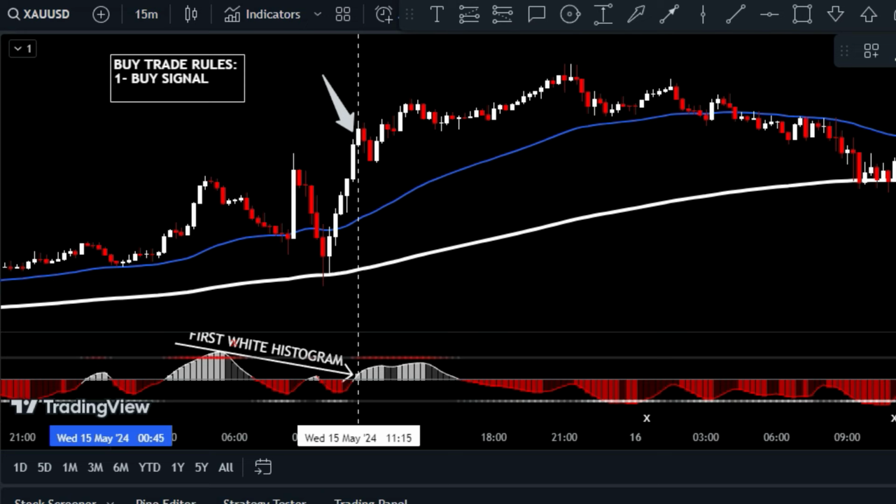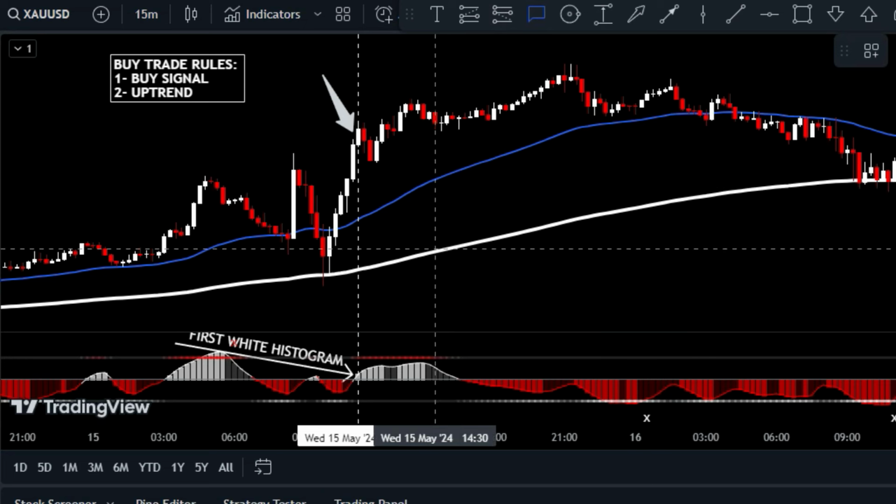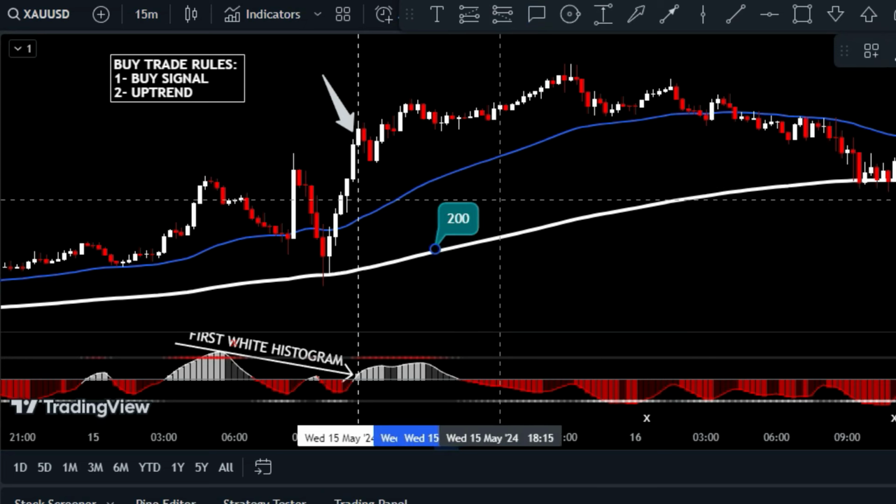Next, double check that you're in an uptrend by spotting the EMA 50 above the EMA 200 and the signal candle above all the MA lines.